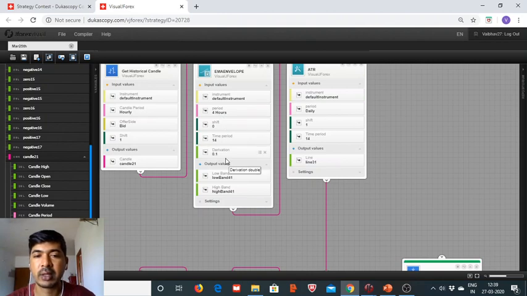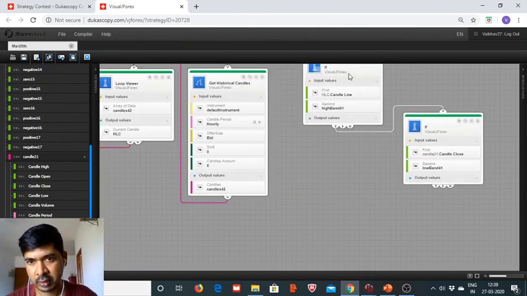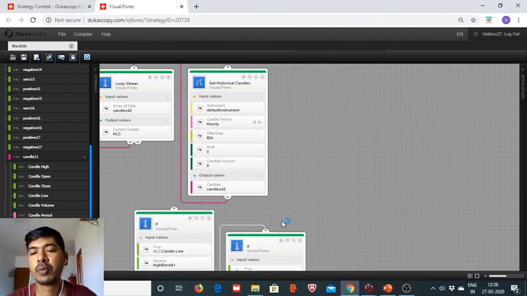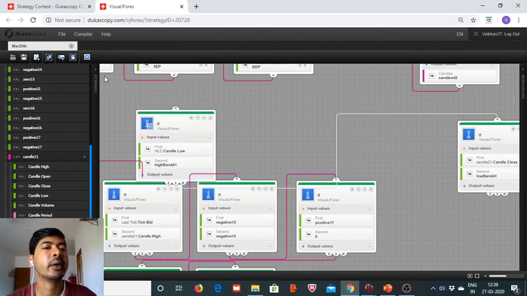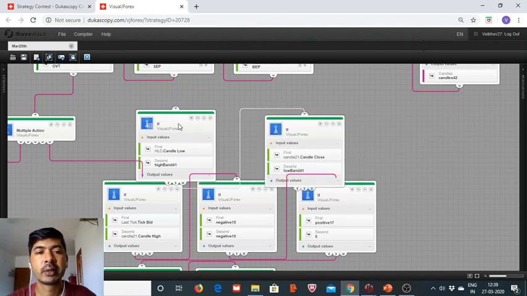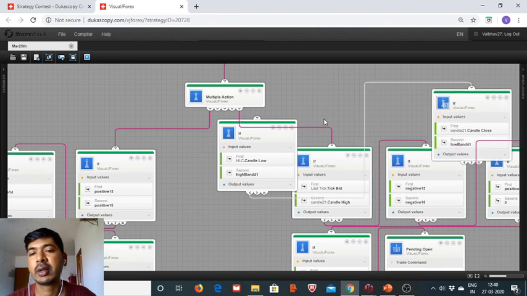Standard deviation remains at 0.1%, and the time period is 14. So let us add these two conditions to the buy side, then we will add the inverse conditions for the sell side, and then we will do the test run.